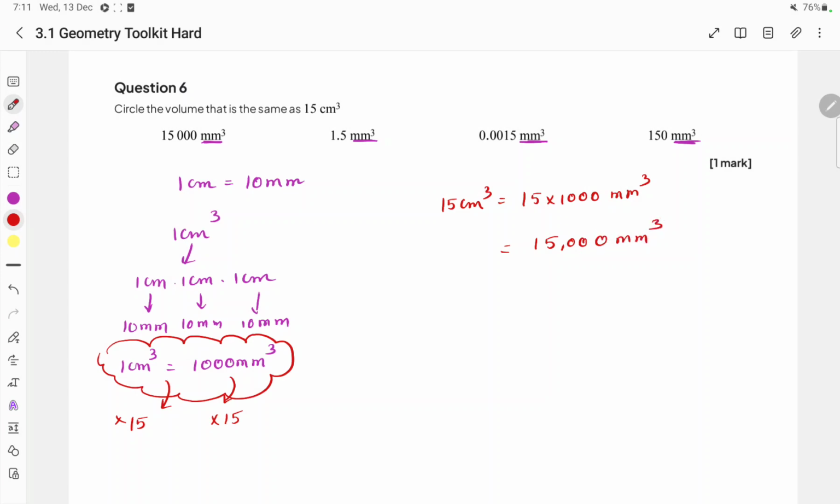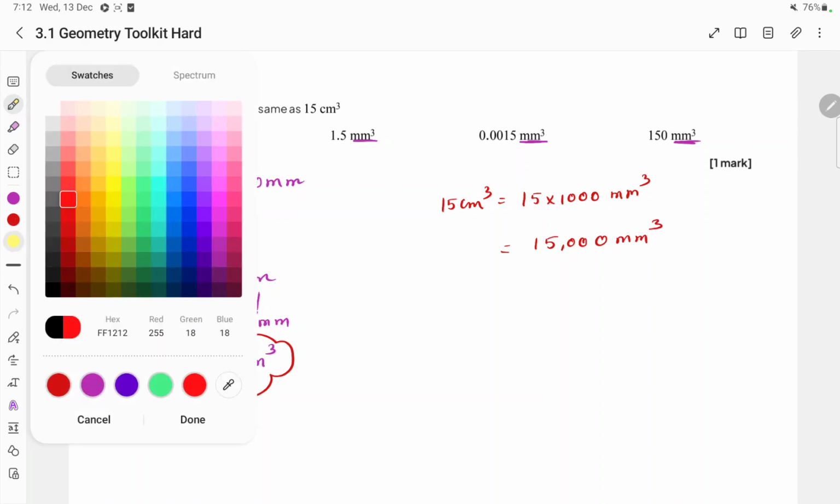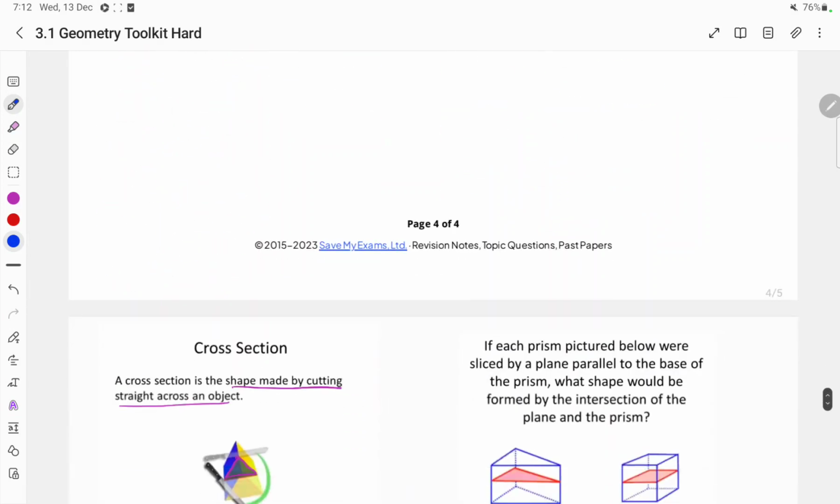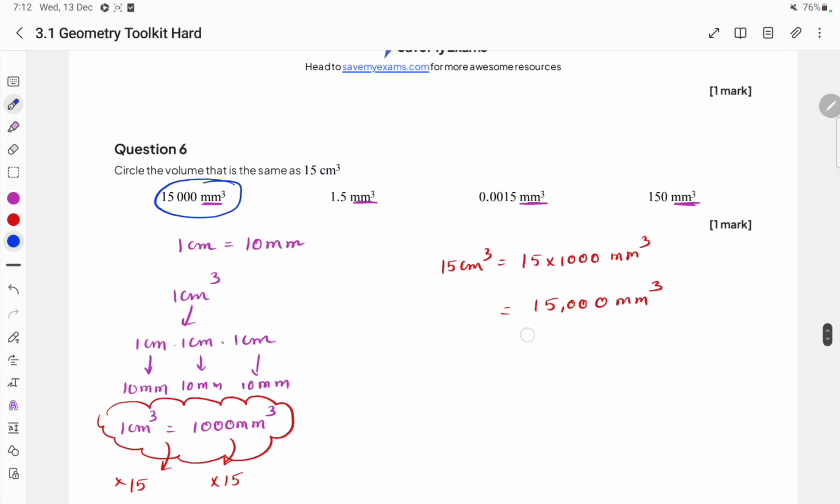So the volume that is the same as 15 centimeter cube, the answer is the first one. This is the final answer. I think we have completed this 3.1.